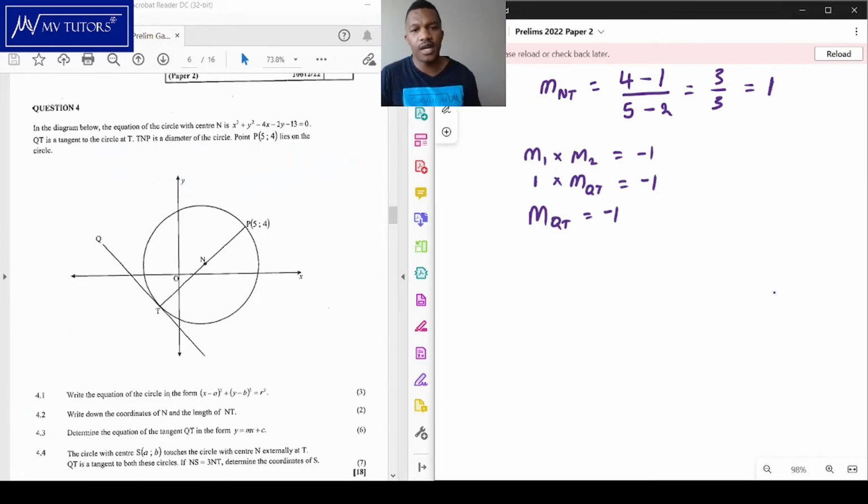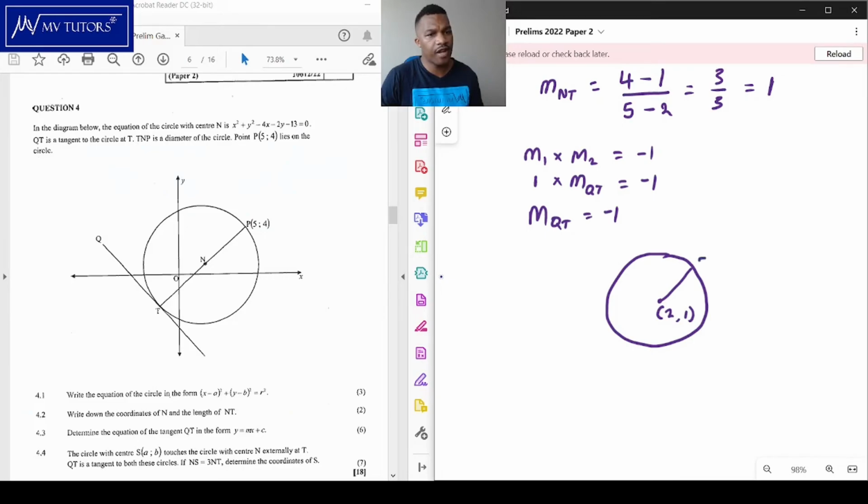Now we need the point T. Okay, so if I have the circle like that, and I have that point N, and I know it's 2 and 1, and P, I know P to be 5 and 4, right? In order for me to get the point T right here, I can use my eyes or a simple calculation.